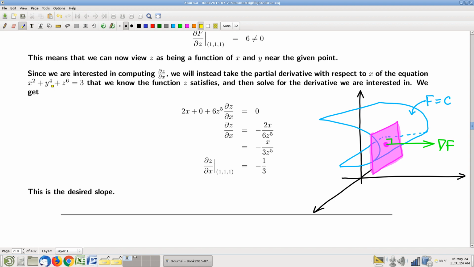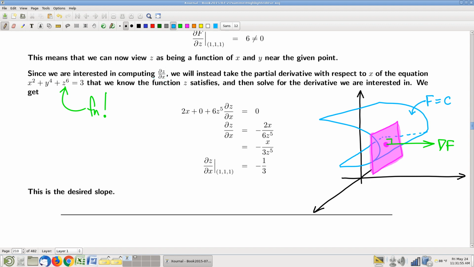So let's look at this equation. Do be careful. We have to keep in mind what variables are playing what roles here. I have now decided to view z as a function of x and y. Let me write this down. We're viewing z as a function of x and y. By the way, we were interested in computing the partial of z with respect to x.